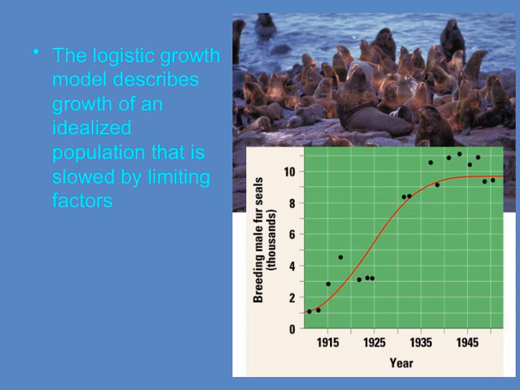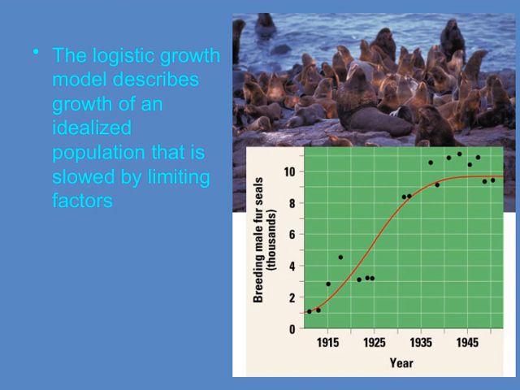The logistic growth model describes how a population grows when it faces certain limitations. Unlike exponential growth, where the population keeps increasing rapidly, this model considers factors that slow down that growth as the population gets larger. These limiting factors could be resources like food, space, or even other environmental constraints.